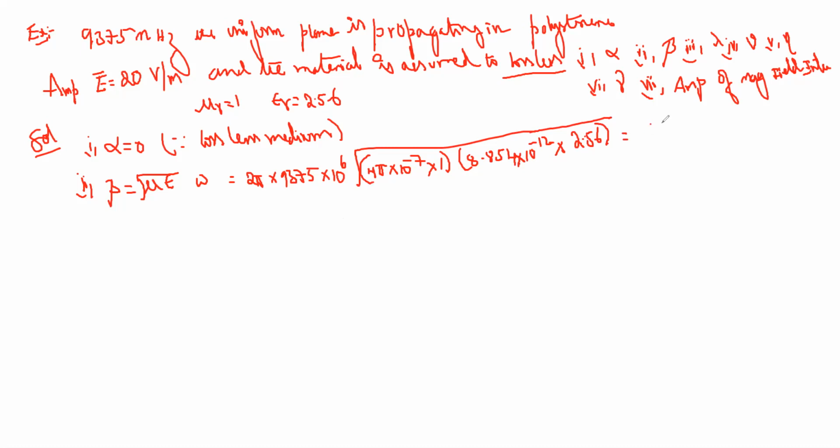Then directly I am writing the value here, 3314.37. Beta is in radians per meter.